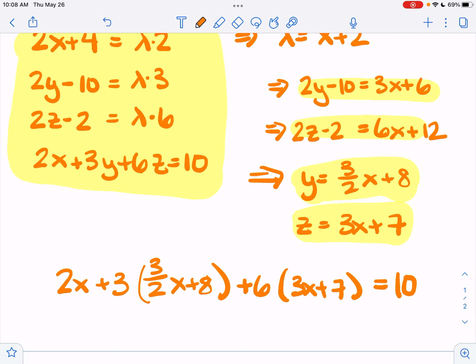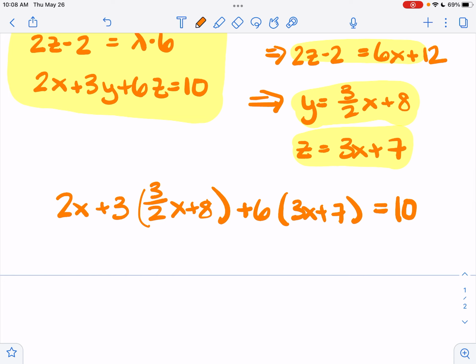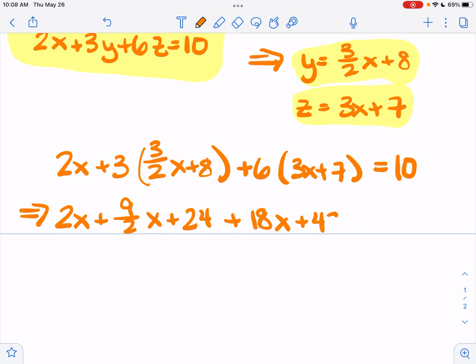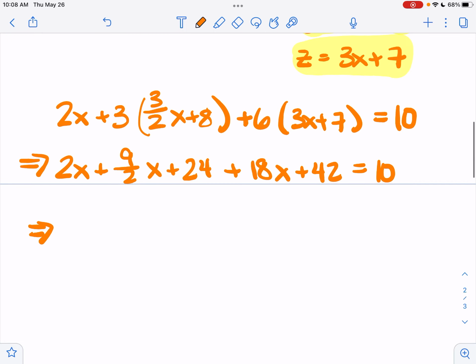And this is all in terms of x now. That means I can do the work and figure out what x is. This is 2x plus 9 halves x plus 24 plus 18x plus 42 equals 10. Let's see, 9 halves plus 4 halves is 13 halves plus 36 halves is 49 halves.